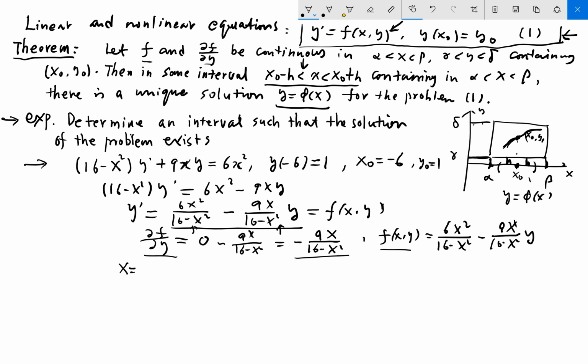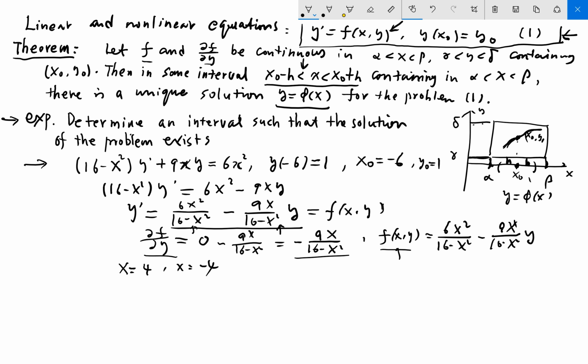The trouble spots are x equal to 4 and x equal to minus 4. Other than those two points, everything is fine. So the partial of f with respect to y is continuous for all x and y except x equal to 4 and x equal to minus 4.